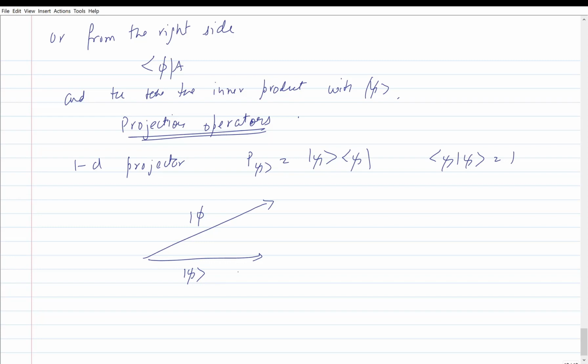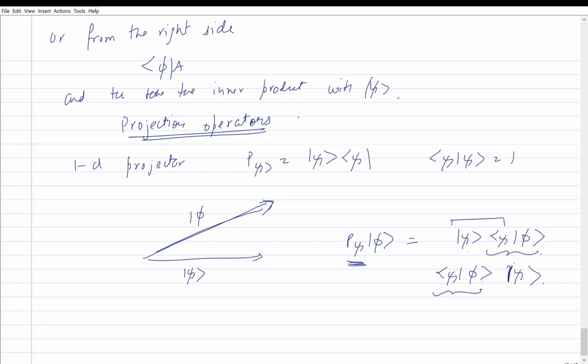So what do I do? I'll project it using the projection operator. That's going to give me, once again, a number, so I can just take the number over here. So I projected phi by applying this projector to the vector, and what do I get? I get an amplitude.